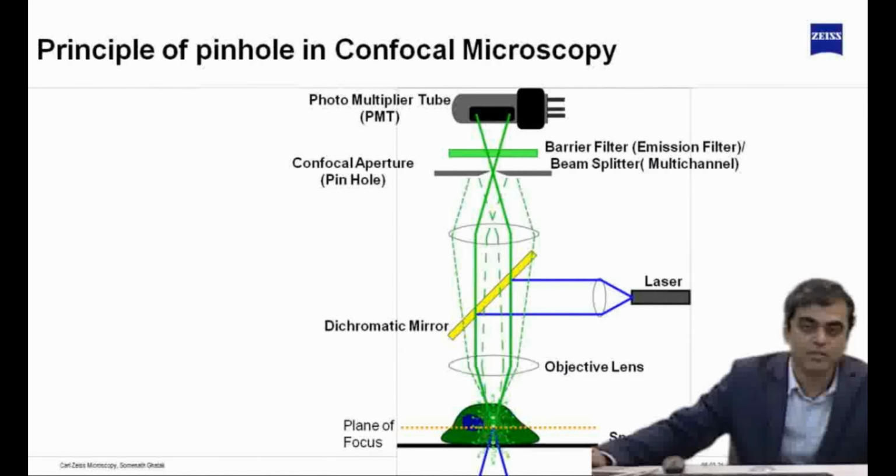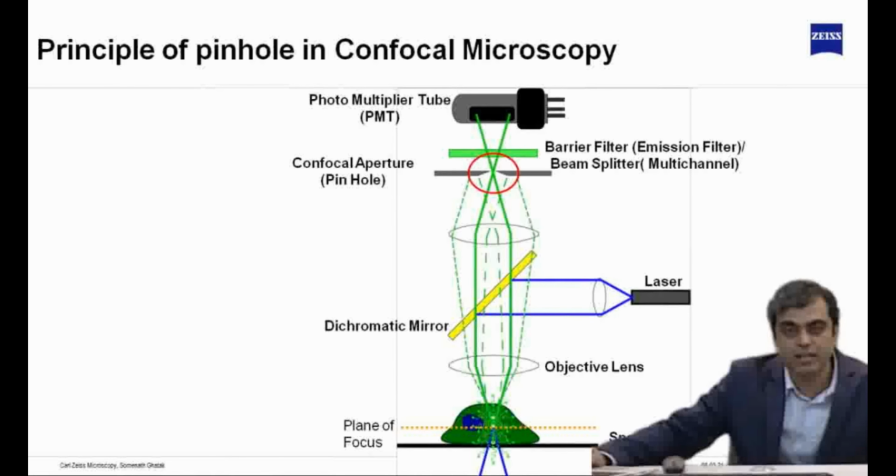But the signals coming from out-of-focus planes will not meet at the conjugate focal plane where the pinhole aperture is kept. So this pinhole aperture is basically kept at one Airy unit, and this will allow only the in-focus signal to pass and reach the detector.